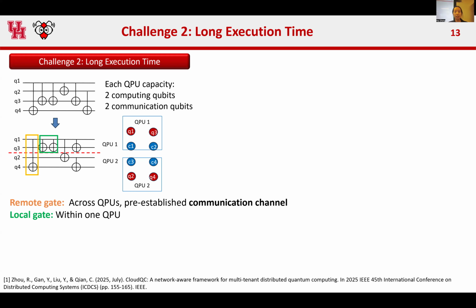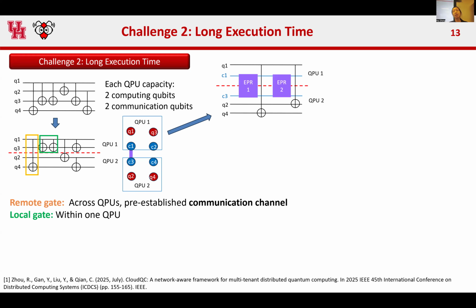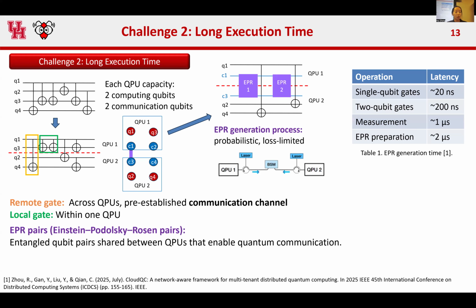It's worth noting that if we want to execute a remote gate, first we need to generate EPR pairs. So what are EPR pairs? EPR pairs are entangled qubit pairs shared between the QPUs that enable quantum communication.